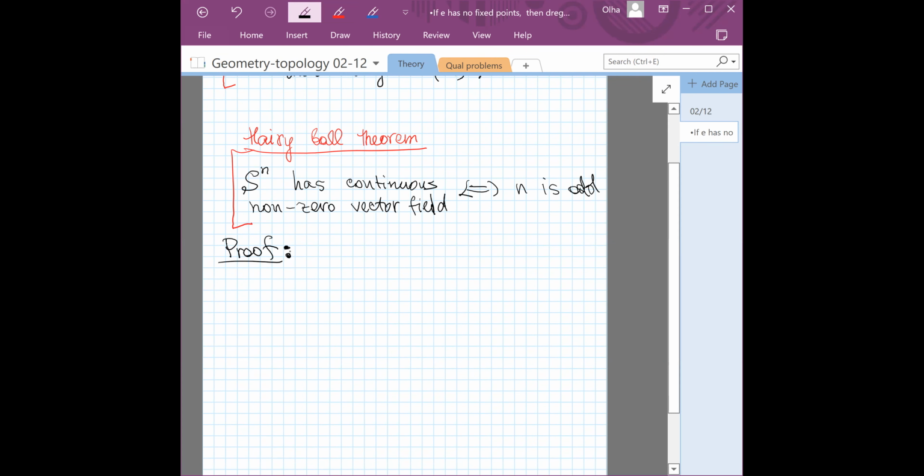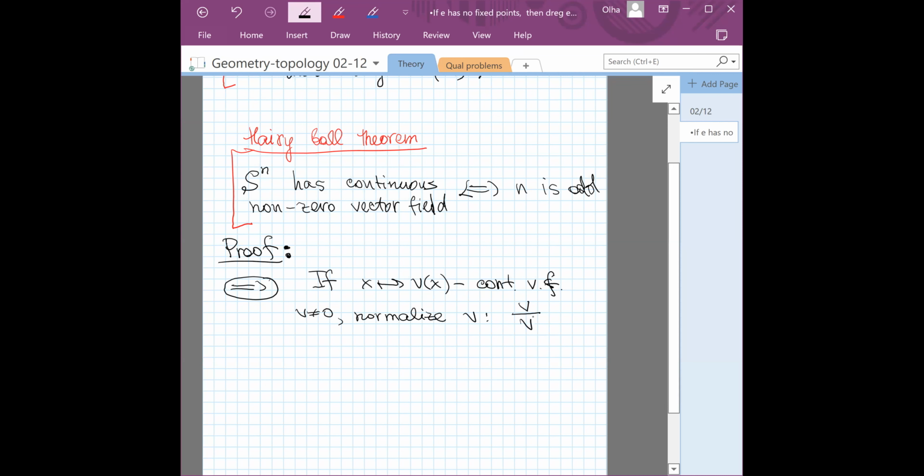Okay. So going one way, suppose the sphere does have a continuous non-zero vector field v. Since v is not equal to 0, we can normalize v.